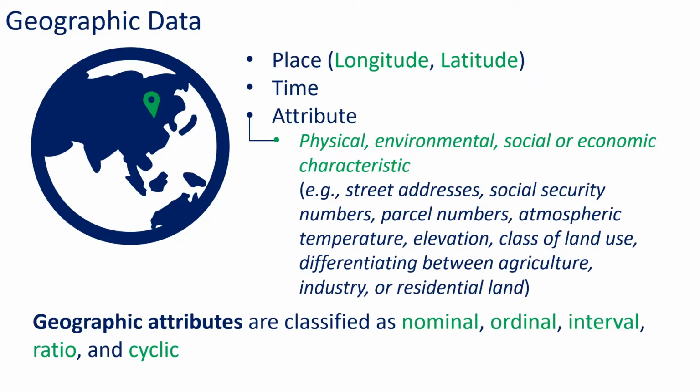So these five types of geographic attributes are the ones that basically define most of the phenomena that we are interested in. If it is a retail market problem, nominal, ordinal, interval, ratio, cyclic, all these things can be there.